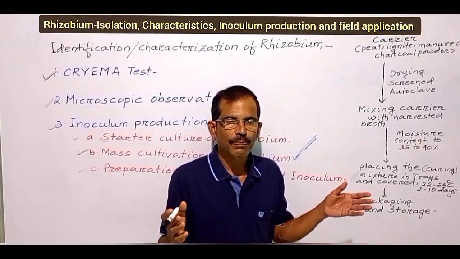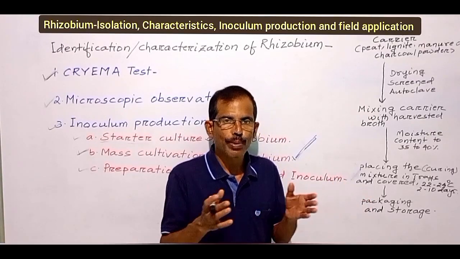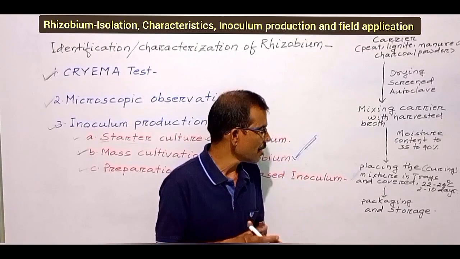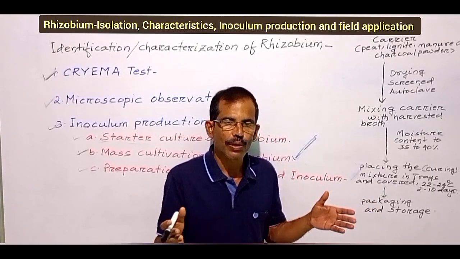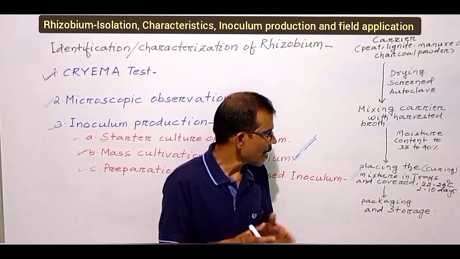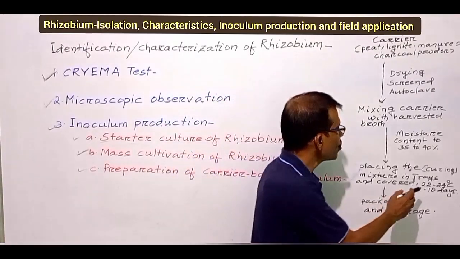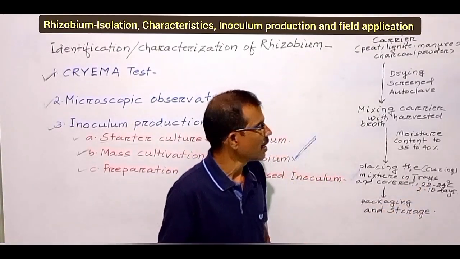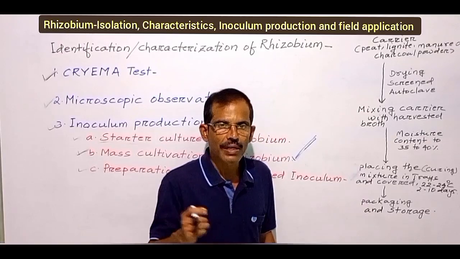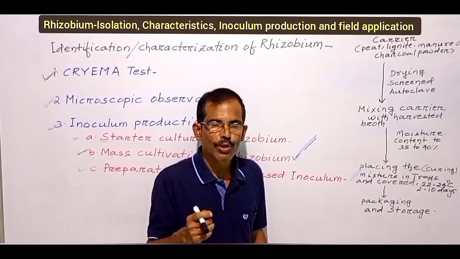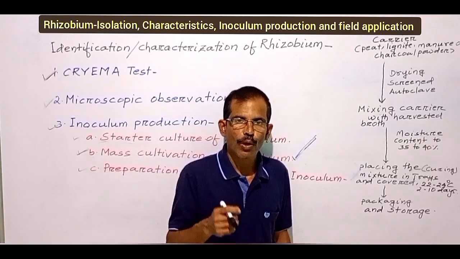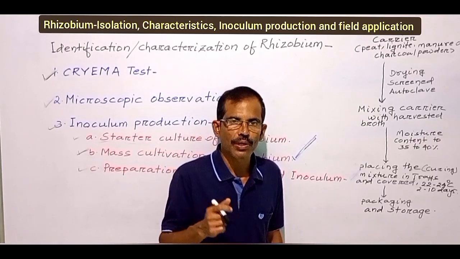In the next step, the mixture containing broth and the carrier is placed in plastic trays covered with polythene and left at 22 to 24 degrees centigrade for 2 to 10 days. During this period, Rhizobium will multiply. This process is known as curing.